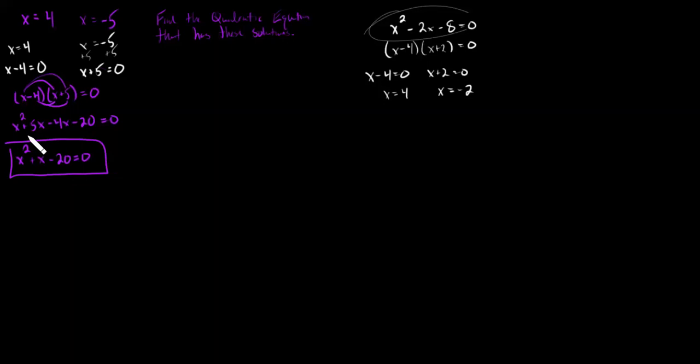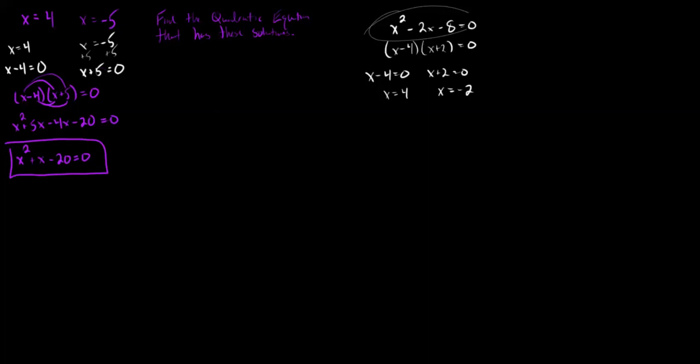And that would be the quadratic equation that had those two solutions. So that's how we work backwards. We're given the solutions, we unsolve for x by getting it equal to 0, so I subtracted 4 and added 5. Once we get those factors, we multiply them out and combine like terms, and that ends up being our equation, not our solutions.